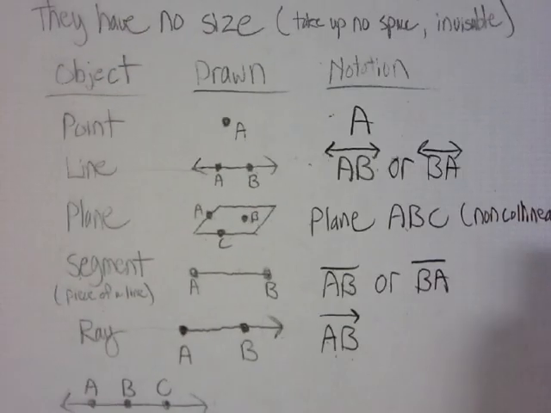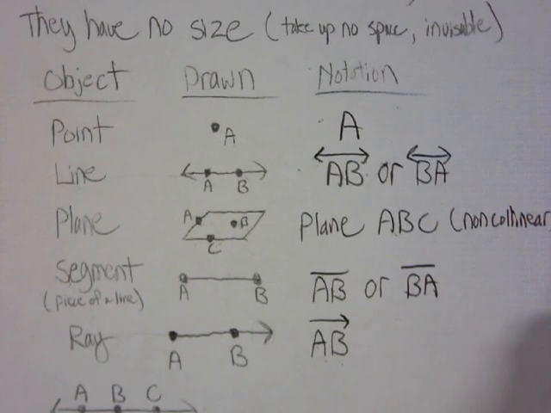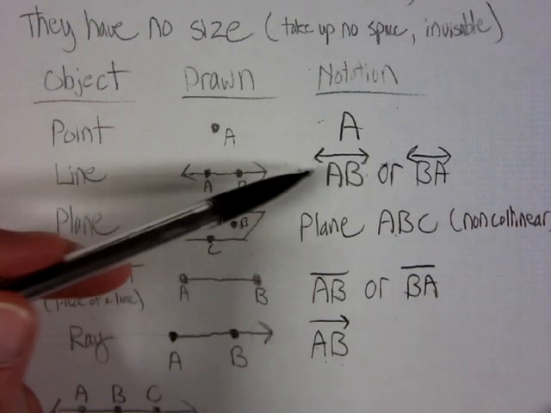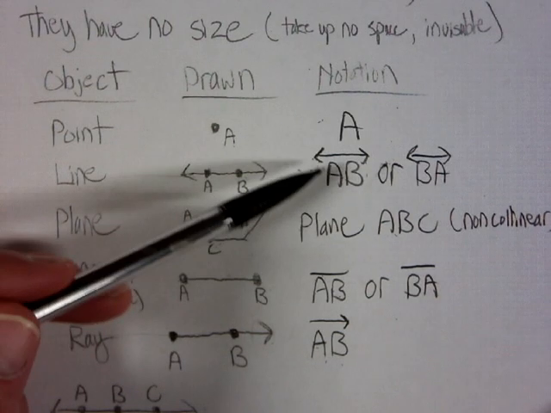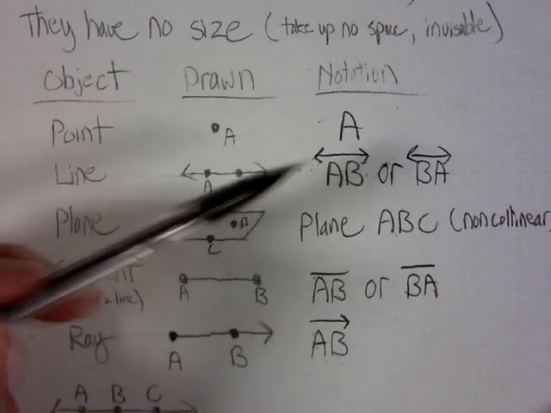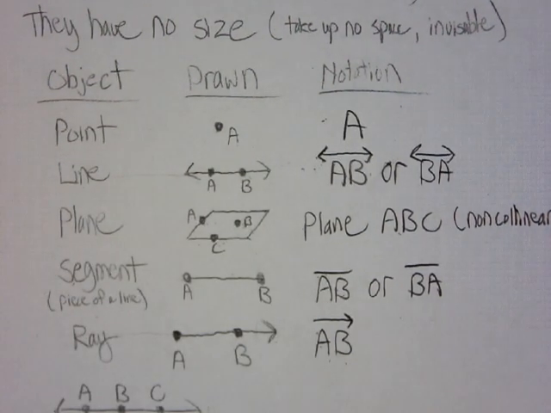So remember, when you're naming these things, when you're reading them, you will say the object, then you will say the letters. Okay, now, notice that 3 of these are named with 2 letters. So now you can see why it's important to use the right symbol. If you don't use the right symbol, we don't know which object you're talking about.